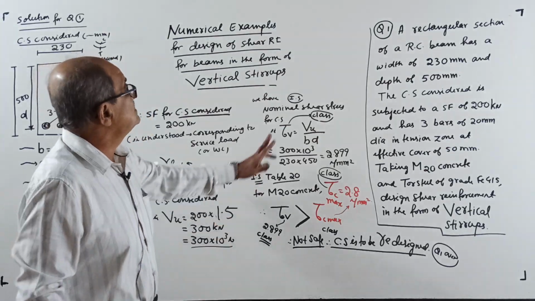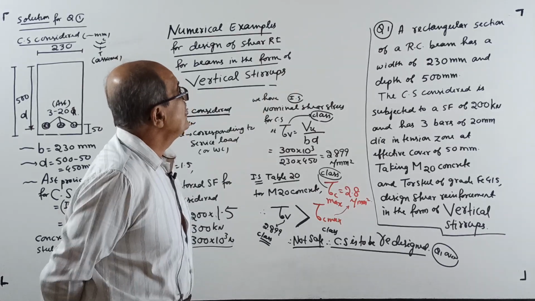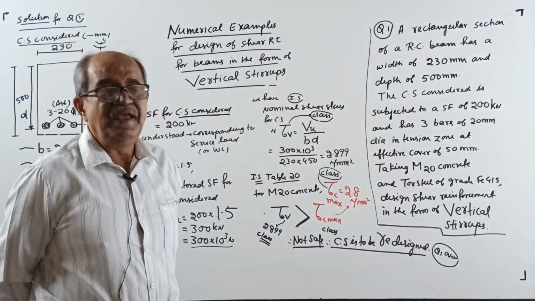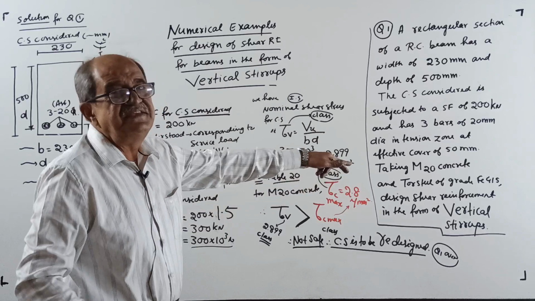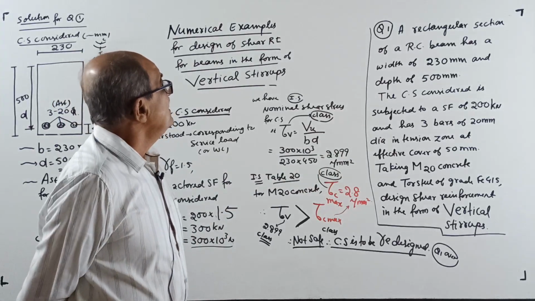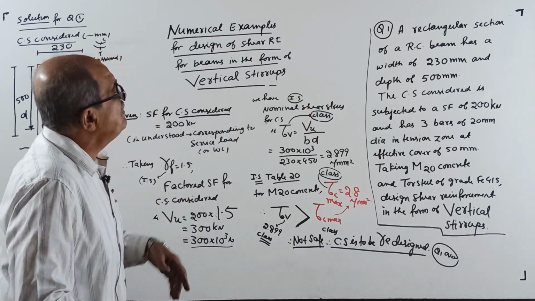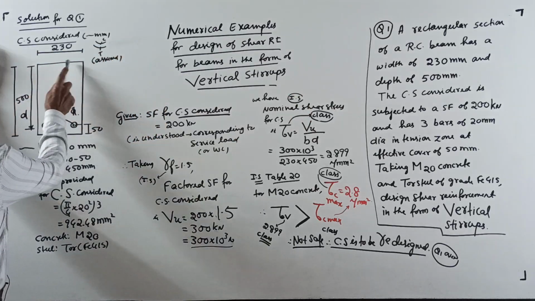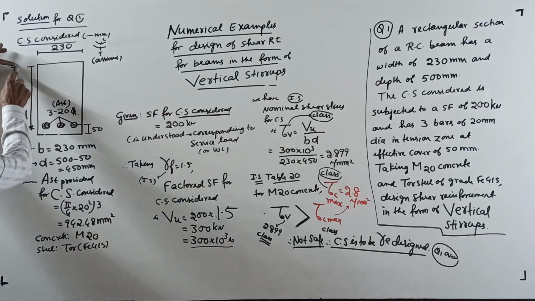Okay. First, question 1, I have written. Today what I am doing is rotating the questions and changing numbers, so that the writing effort is lesser. A rectangular section of an RC beam has a width of 230 mm and depth of 500 mm.